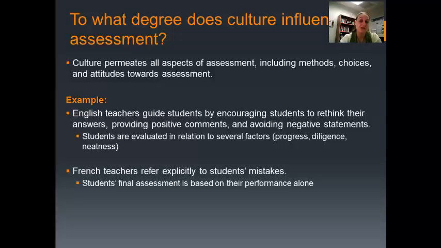If we were to compare that to teachers from other countries, for example, in France, French teachers refer explicitly to students' mistakes. So that is a cultural aspect of teaching and of the larger community culture itself, in that French teachers will not shy away from pointing out mistakes, because in their perspective, it is better to be direct about the mistake to avoid any miscommunications or misconceptions by the student of what they're doing wrong.